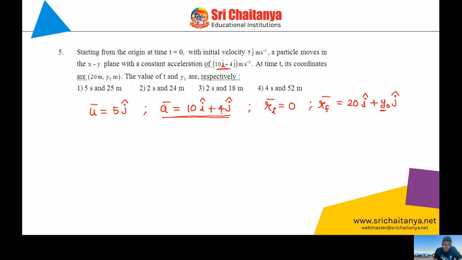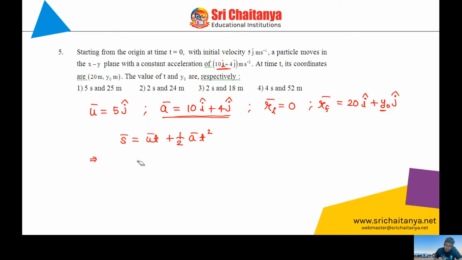And we must appreciate the fact that the acceleration given to us is constant. This acceleration is constant, so we are free to use this formula, that is s is equal to ut plus half at square, where s is displacement, u is initial velocity, and a is acceleration. So displacement is nothing but the final position minus initial position. Let's substitute the values in the very beginning.